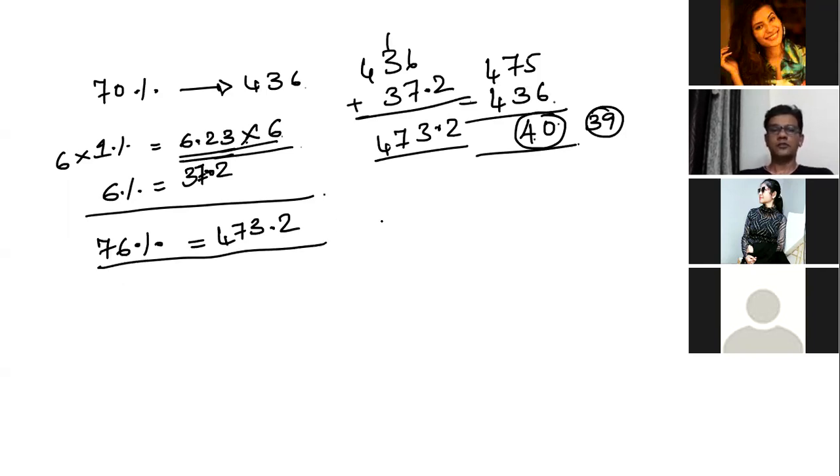So my answer should be greater than 76% or lesser than 76%. And if it has to be greater than 76%, should it be slightly greater or very much greater? Can you guess? Let's assume I'll give you answer options here. Your question was 475 divided by 623 into 100 is what value?